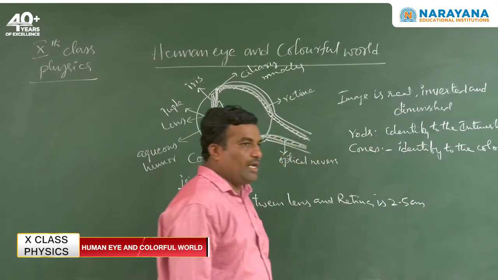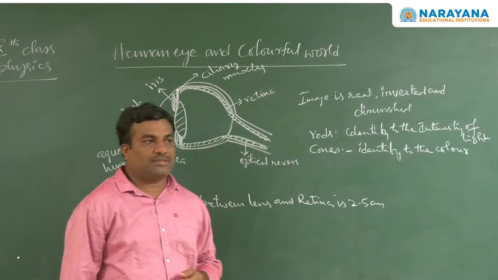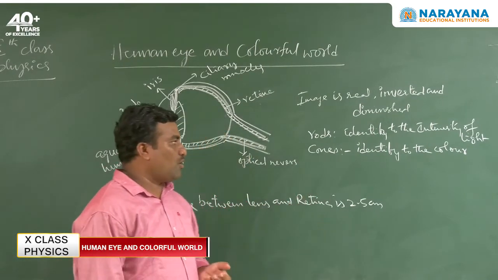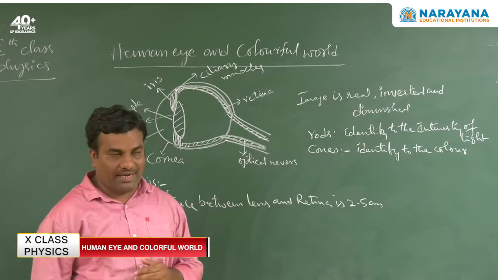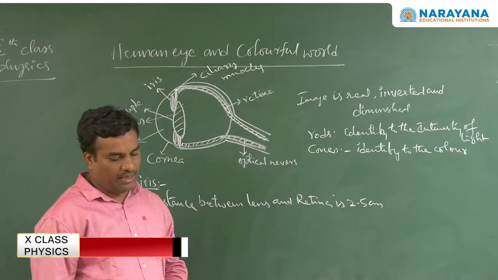So the rods and cones are the 125 million receptors. Rods identify the intensity of light and cones identify the color. Understood the point here?